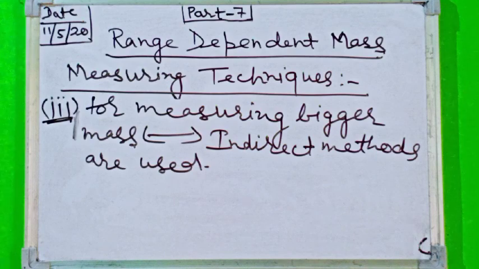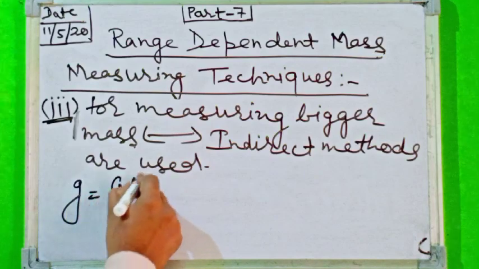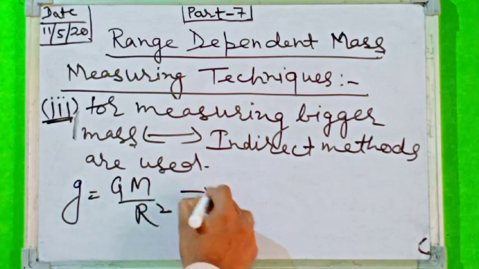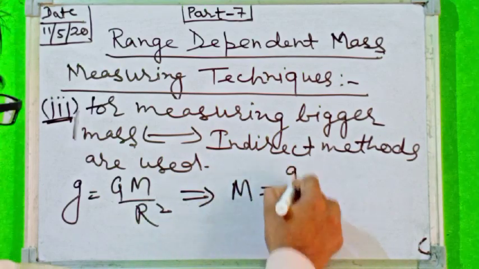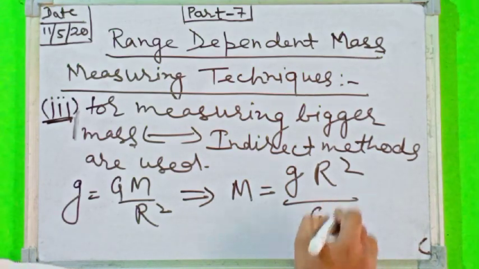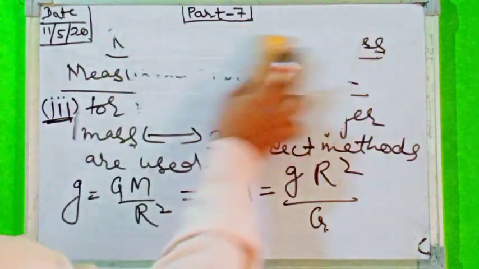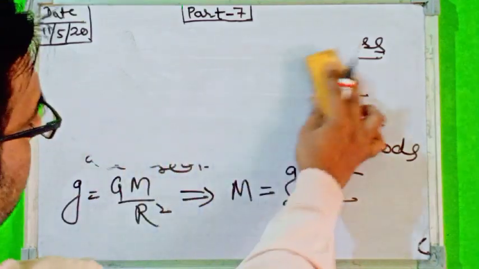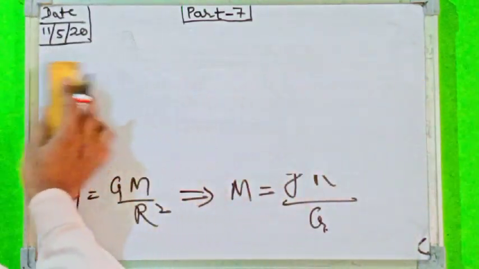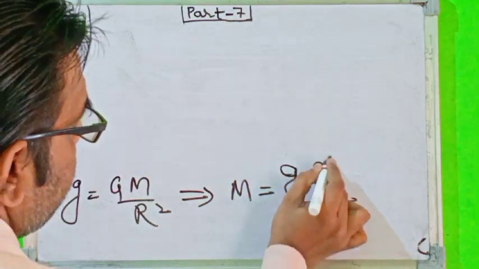Now, in this context, I am discussing one of the indirect methods, that is measurement of the mass of the earth. As you know, small g is equal to GM upon capital R square, and from here we can say that small m is equal to small g R square upon capital G. Clear? You studied this formula in the previous class, ninth class.